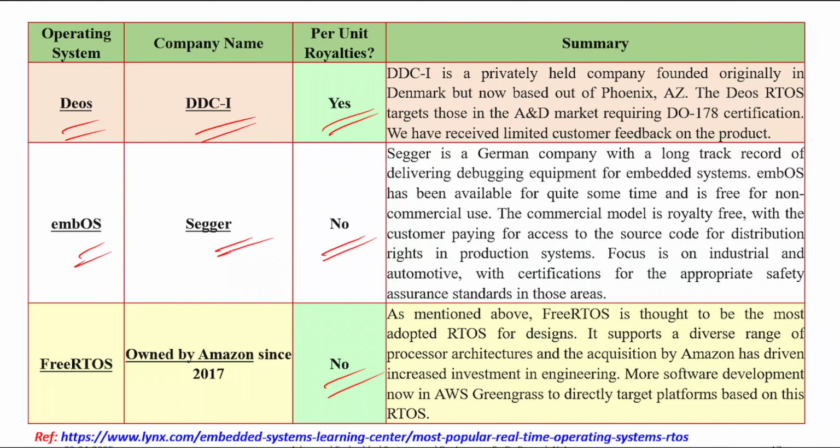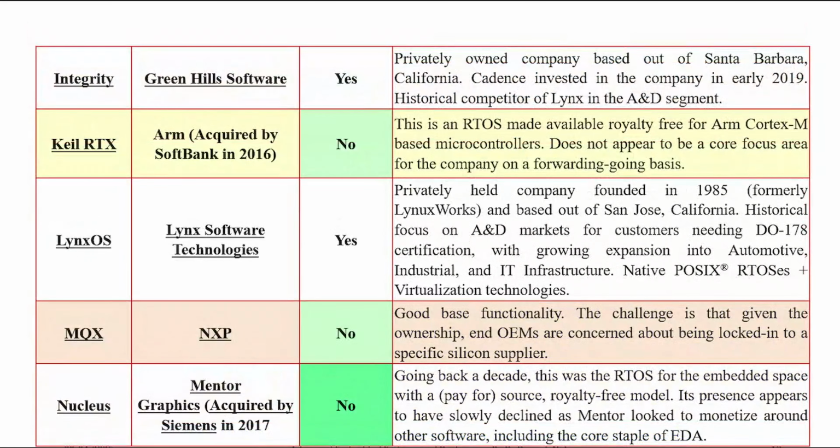Similarly, FreeRTOS again is owned by Amazon, which is free, or we can say it is royalty free. We can use FreeRTOS without paying any license fee. Similarly, these are other operating systems in which we don't have to pay royalties.